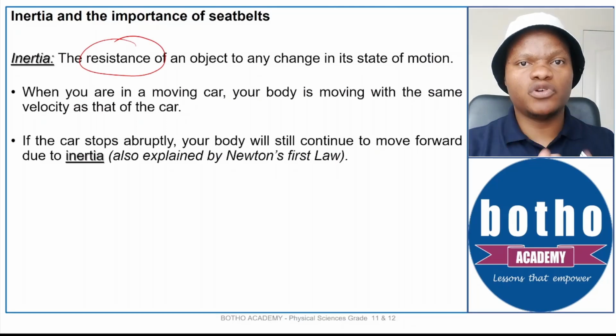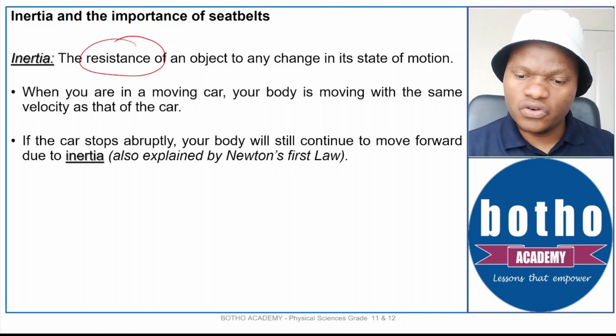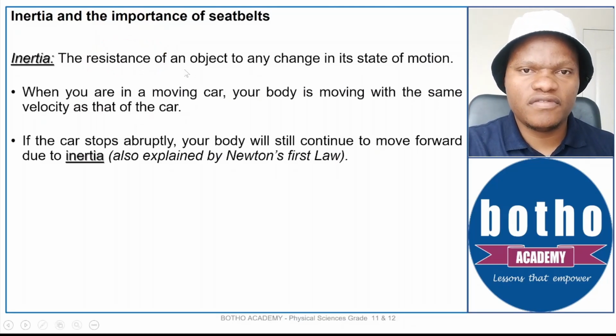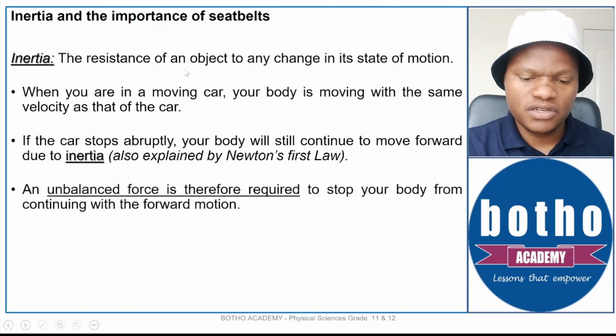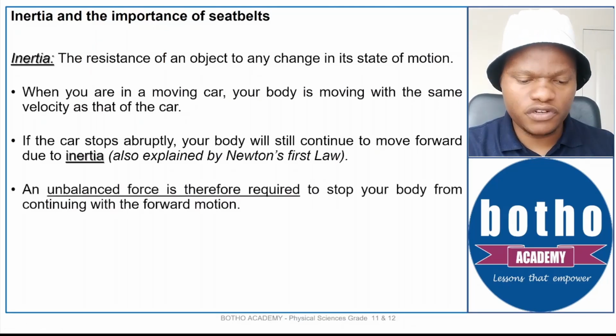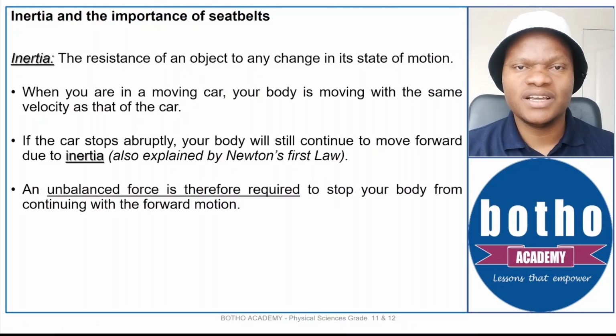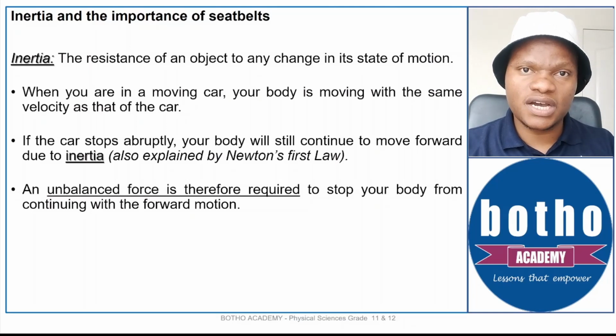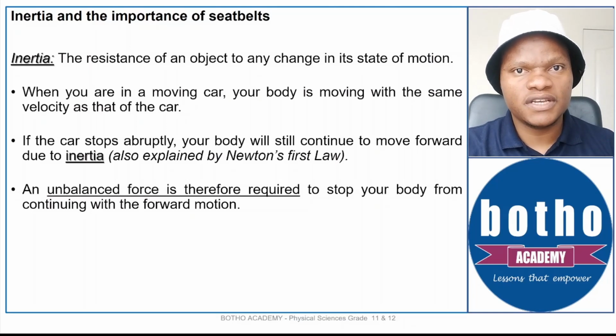Your body will want to keep on going forward. Okay, so that is the reason we then have seat belts in cars. We need an unbalanced force to stop your body from continuing with the forward motion. Imagine if the car stops, but your body, because you are not the car, these are two separate bodies. Okay, there's the body of the car and there's your body.